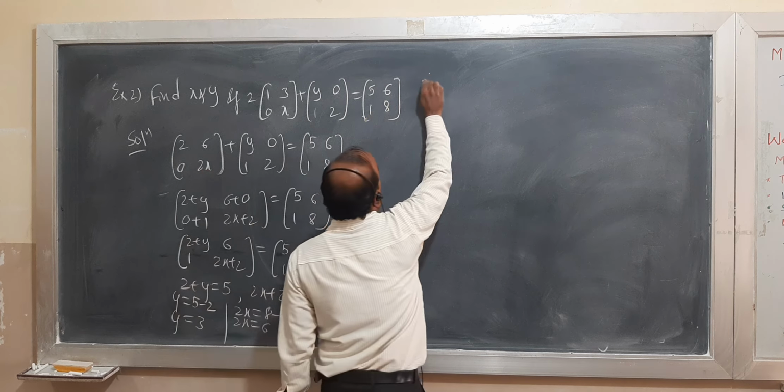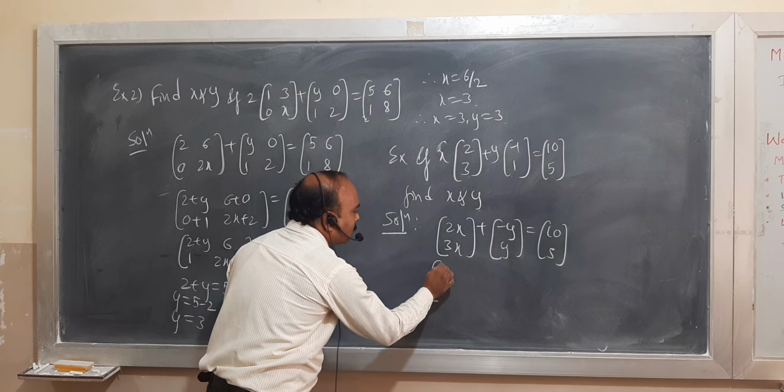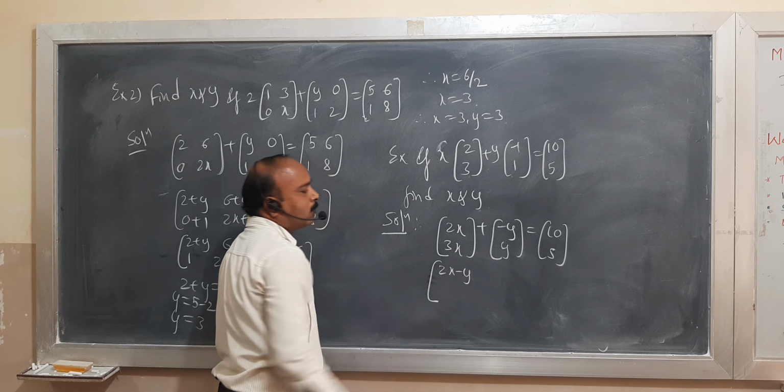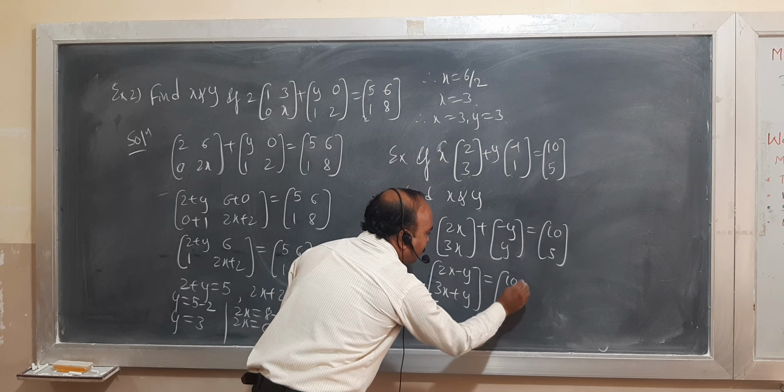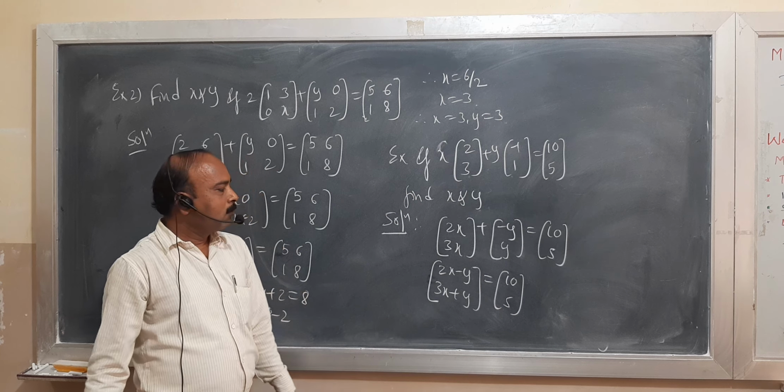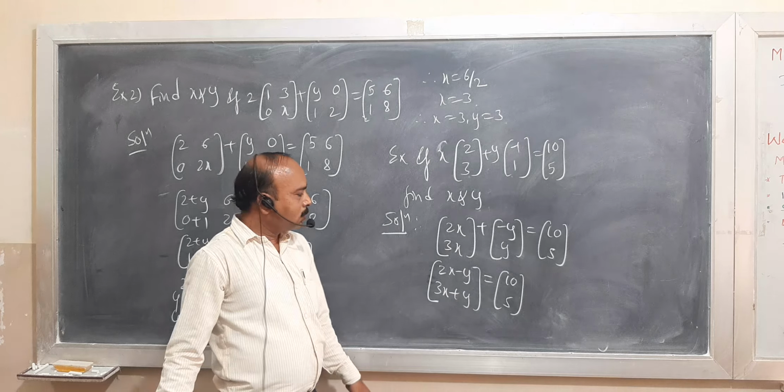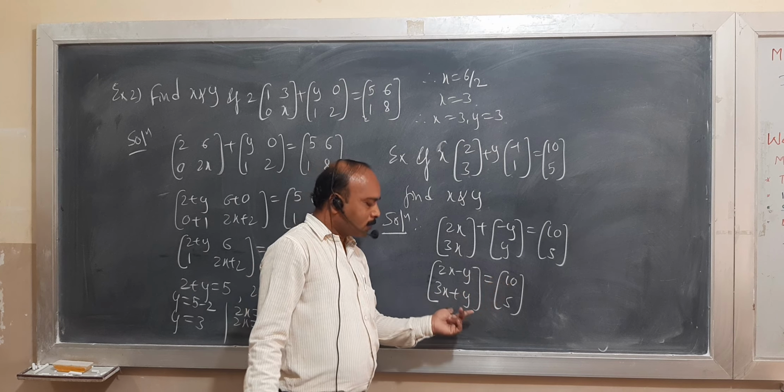Now, addition of these two matrices: 2x added with minus y, you get 2x minus y, and 3x added to y, it is 3x plus y, equal to [10 5].